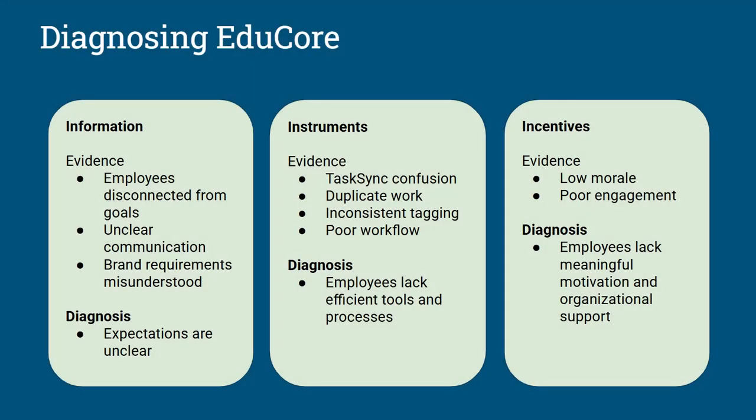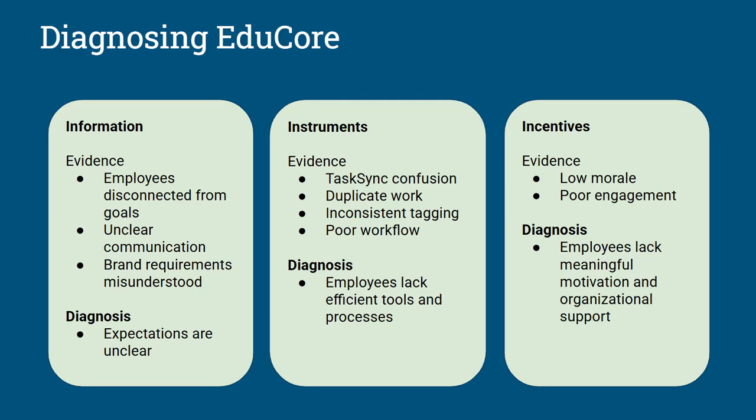The environmental factors identified through Gilbert's Behavior Engineering Model are information, instruments, and incentives. Together, these factors help explain why EduCore Dynamics is experiencing performance challenges. First, information. Under information, employees are disconnected from the organizational goals. Communication is unclear, and brand requirements are misunderstood.